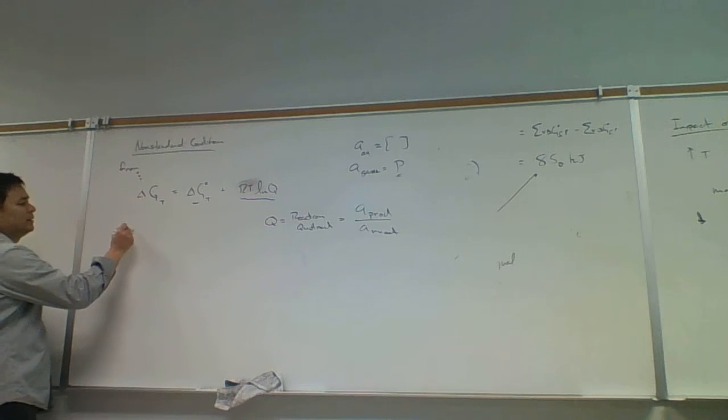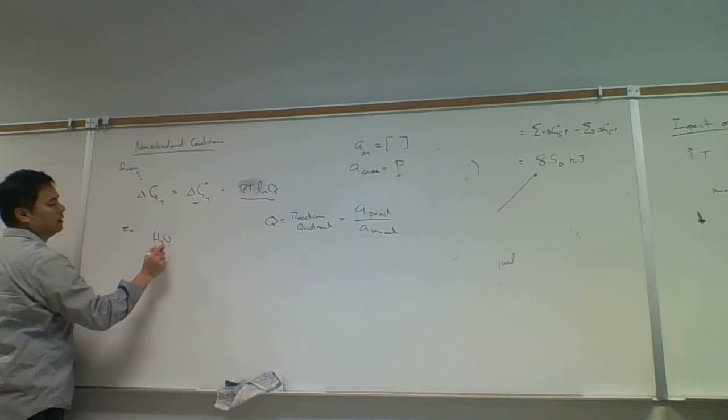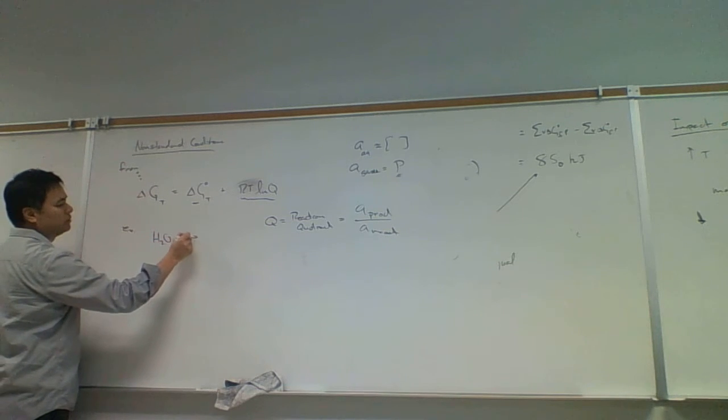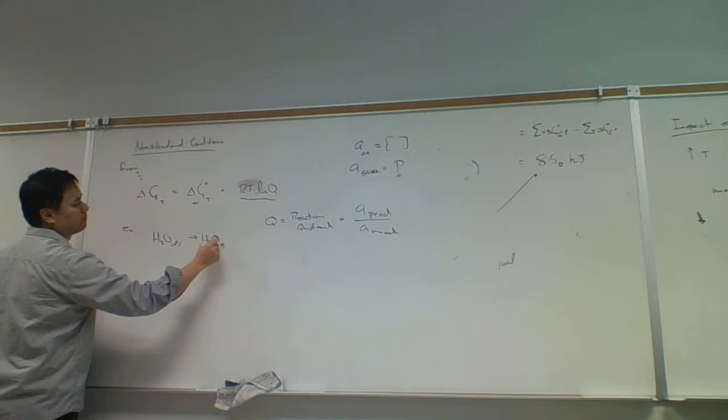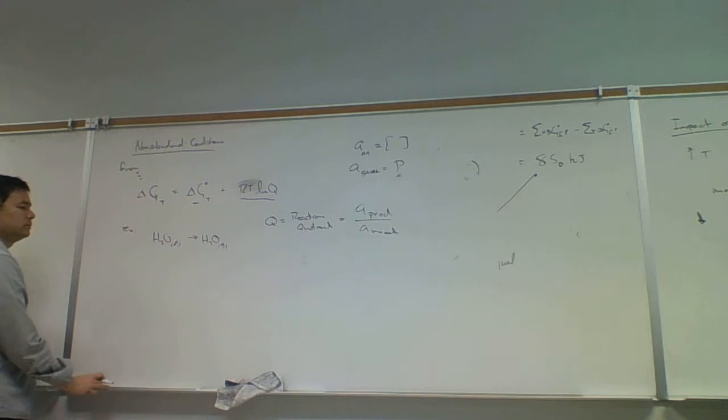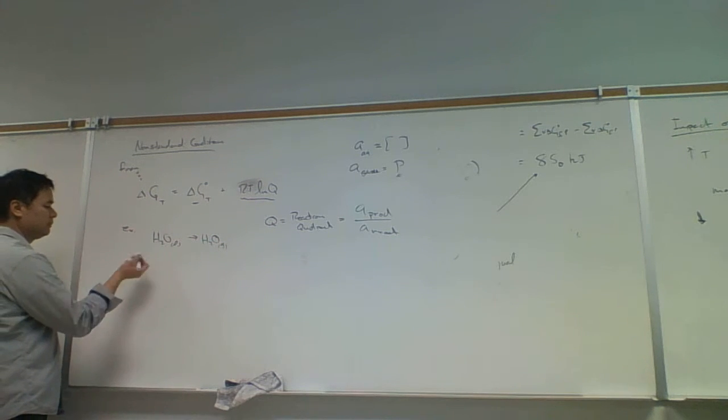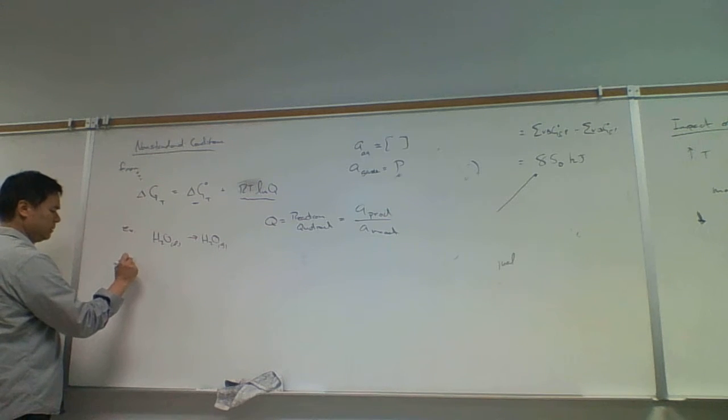The example here is H2O liquid goes to H2O gas. And we're going to fix the temperature at 298, so we'll use 298 Kelvin, room temperature.